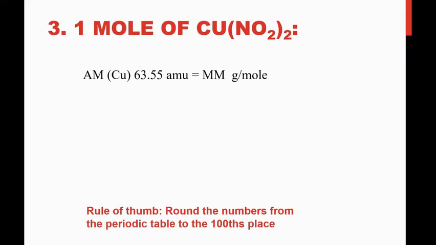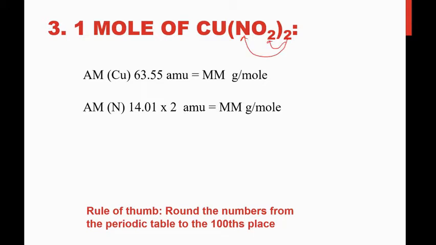So let's look at copper(II) nitrite. When I'm looking at this, I have the mass of copper, which is 63.55. Then I have the mass of nitrogen, which is 14.01 times 2, because I have 2 of them. The 2 distributes here and the 2 distributes there. And then I have 4 oxygens, so 4 times 16.